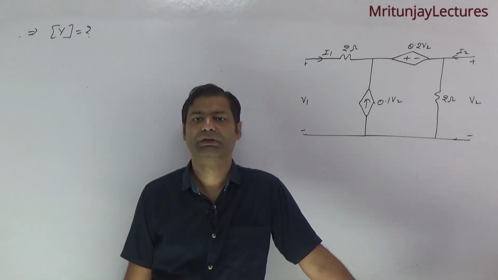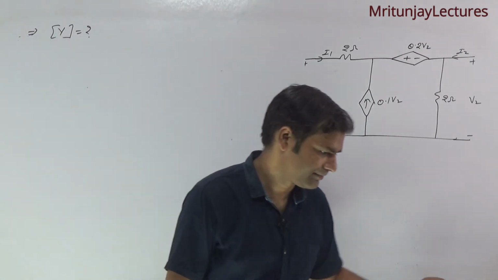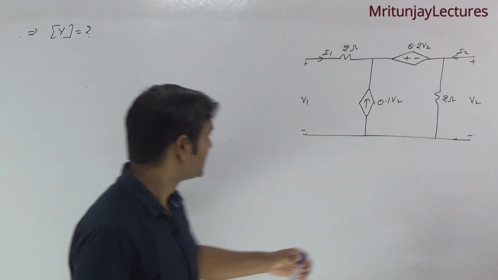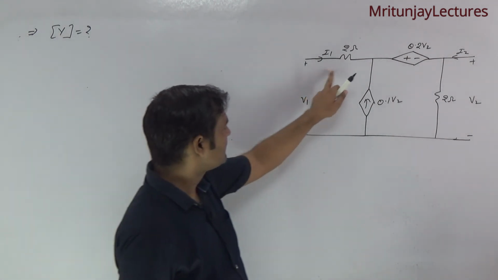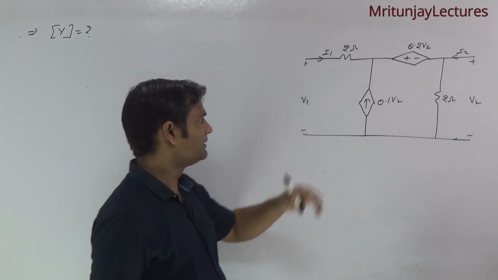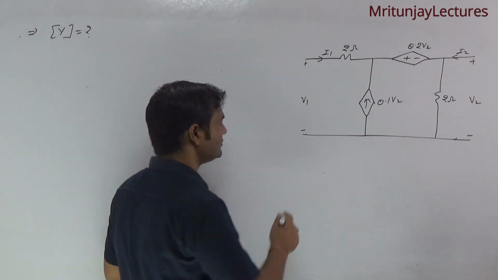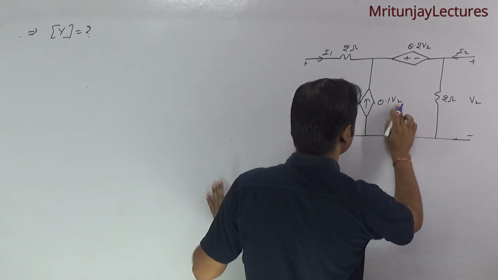Our motto, determine y parameter. Okay, so how can we determine? First of all, I1 is given, I2 is given, and this current is 0.1 V2.